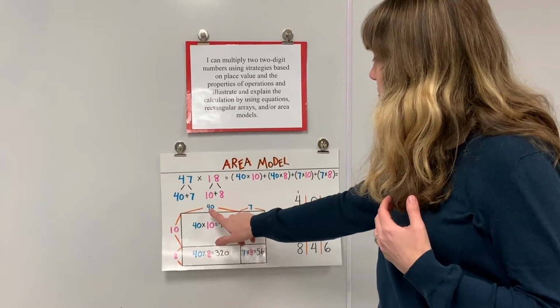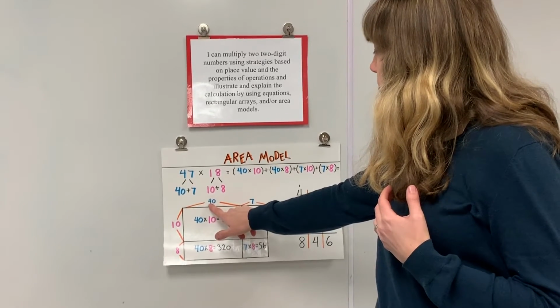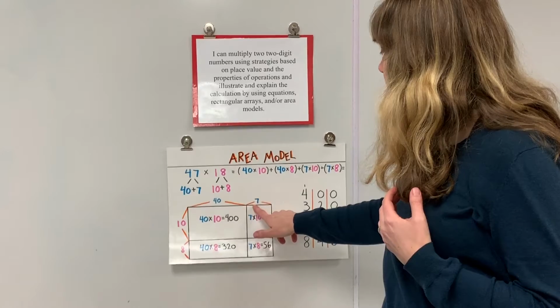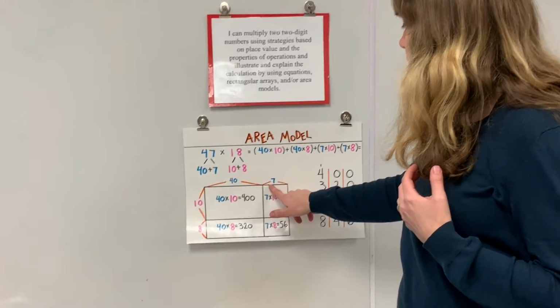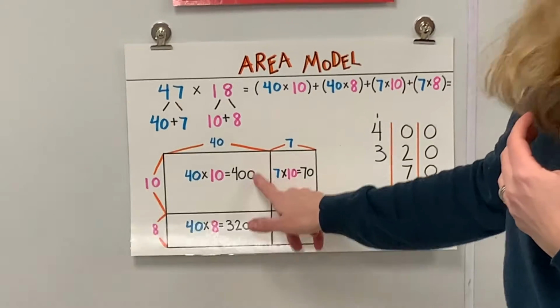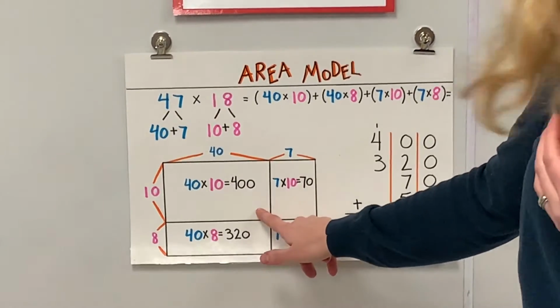But this time we're breaking up two numbers, in this case 47 by its expanded notation, and 18, 10, and 8. We just have more equations to multiply.